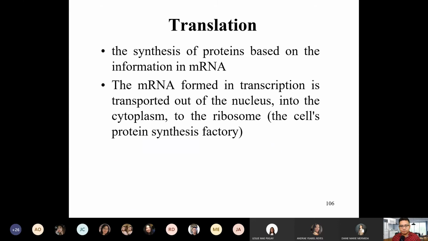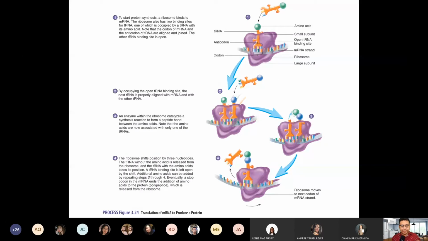Okay, going back. So this is the whole translation process. The mRNA is read by your ribosomal subunits. Your tRNA, which is the main role of the tRNA, is to attach or hold the amino acids in place.